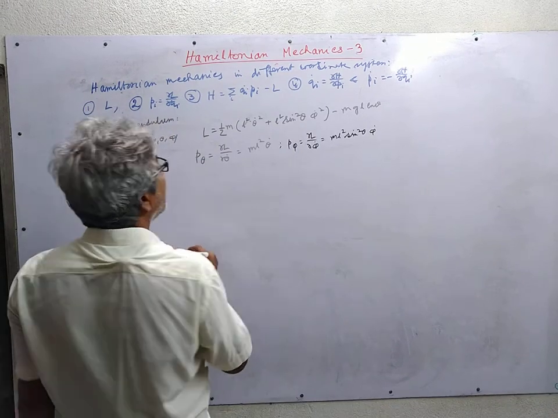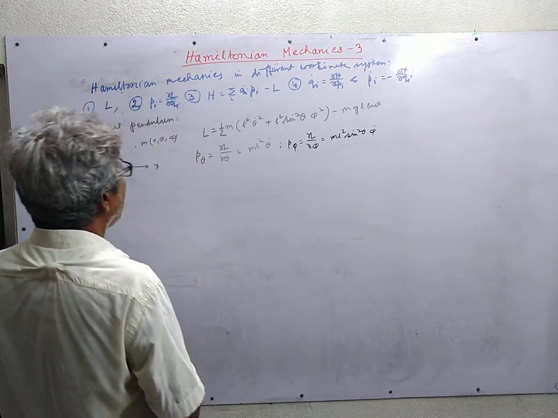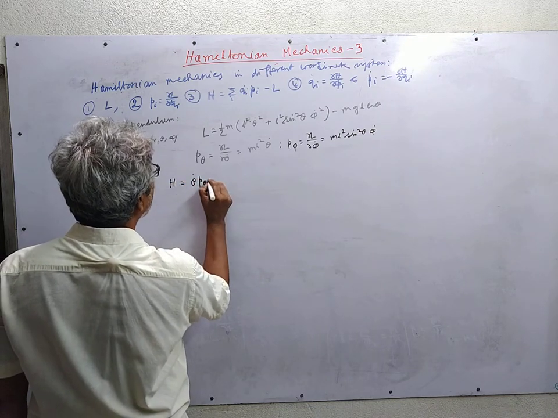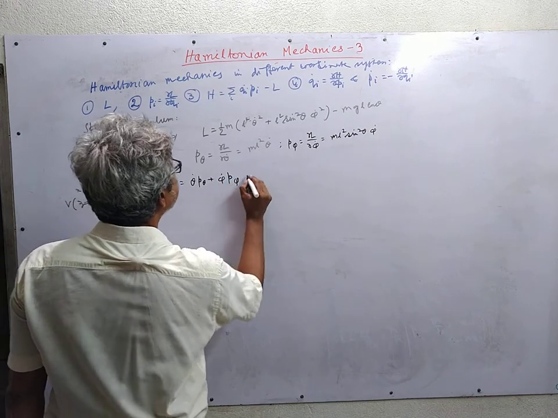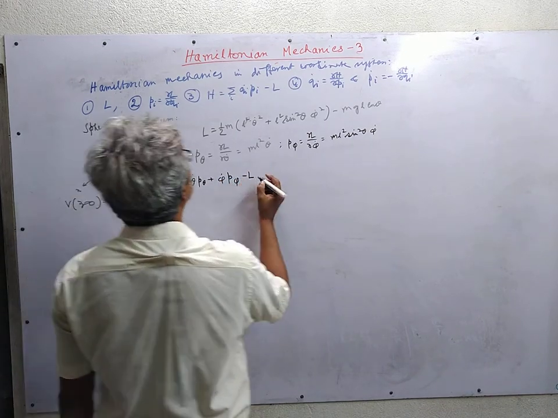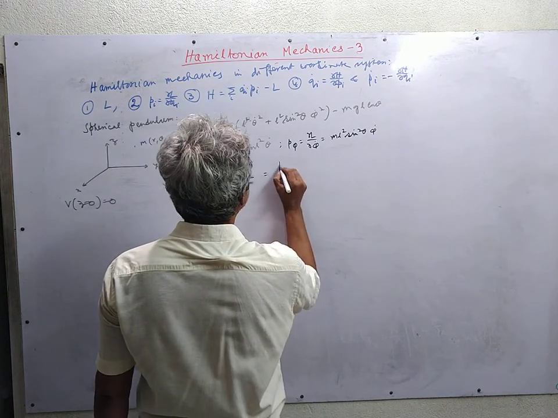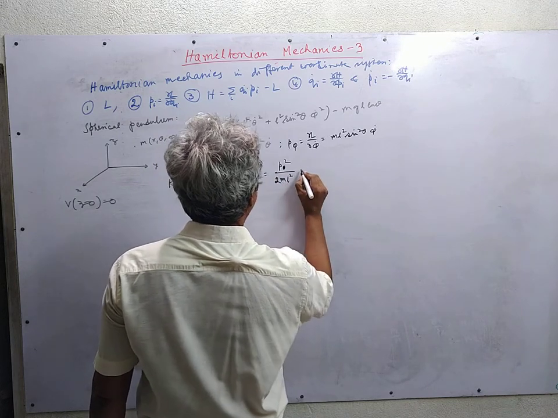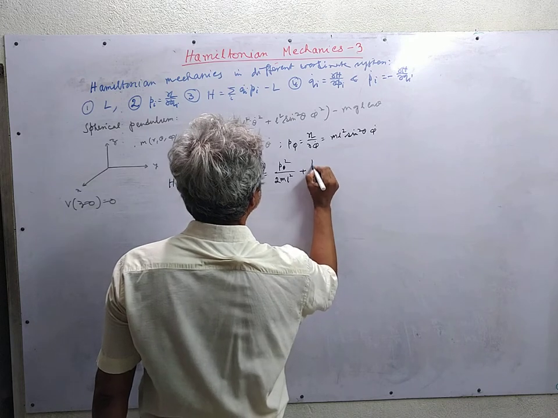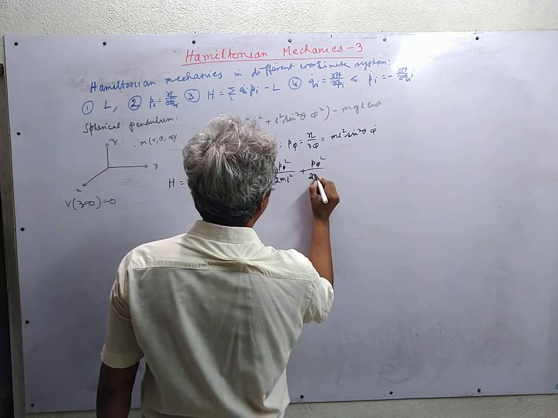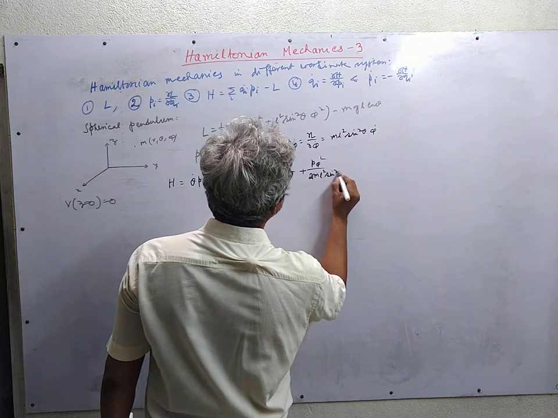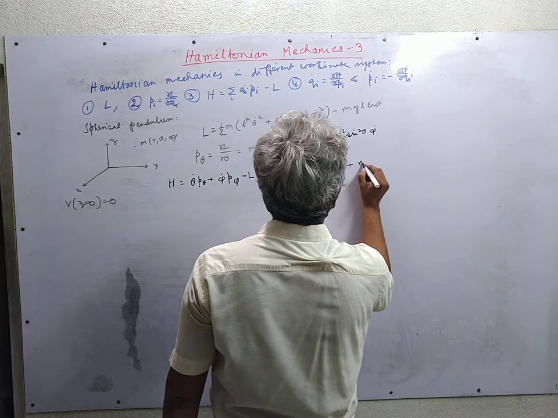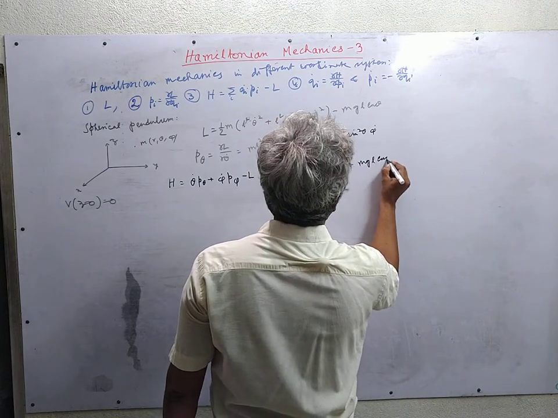So the Hamiltonian H is equal to theta dot p theta plus phi dot p phi minus L, which comes out to be p theta square upon 2m L square plus p phi square upon 2m L square sine square theta plus mgL cos theta.